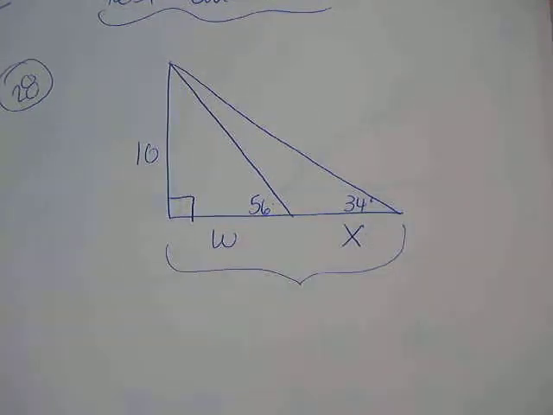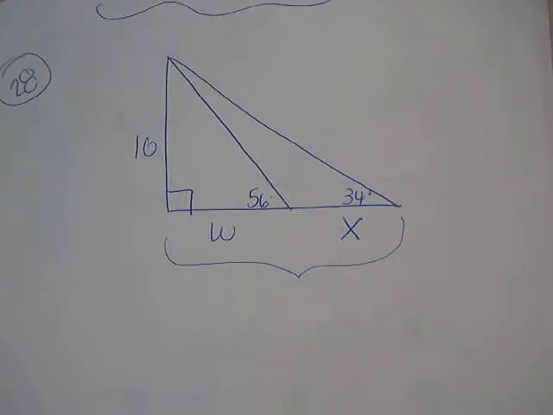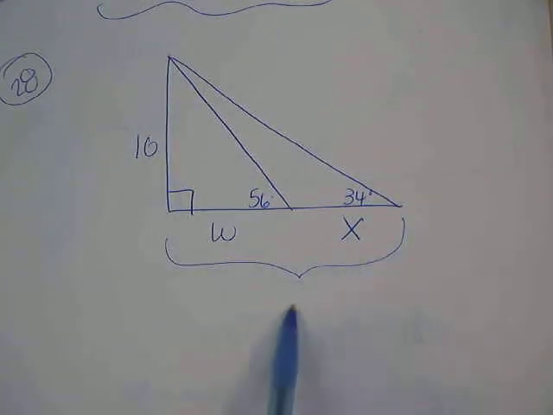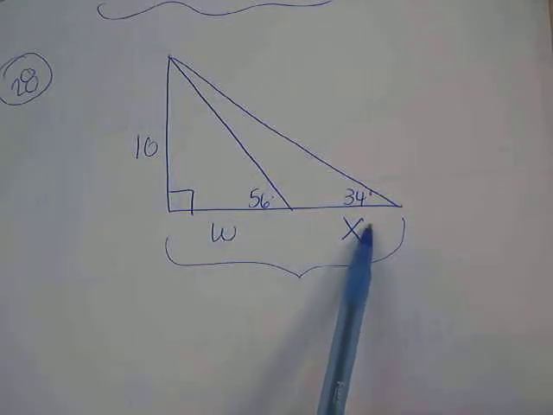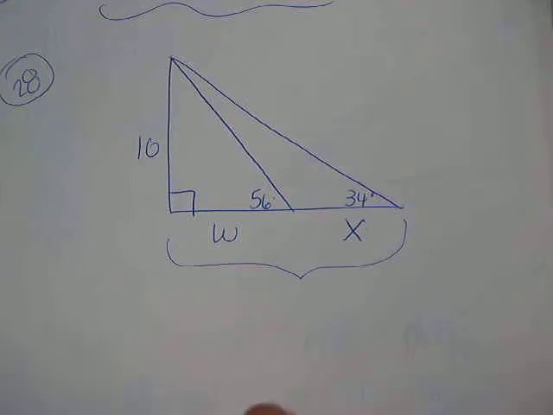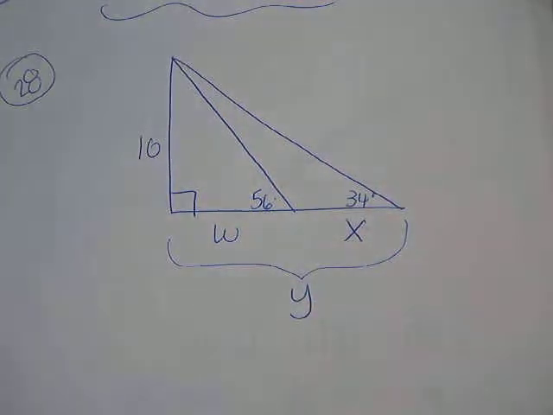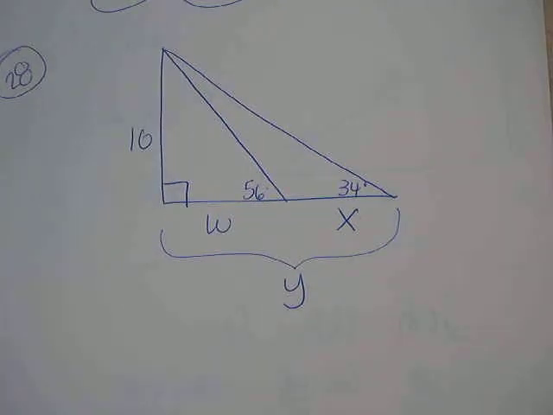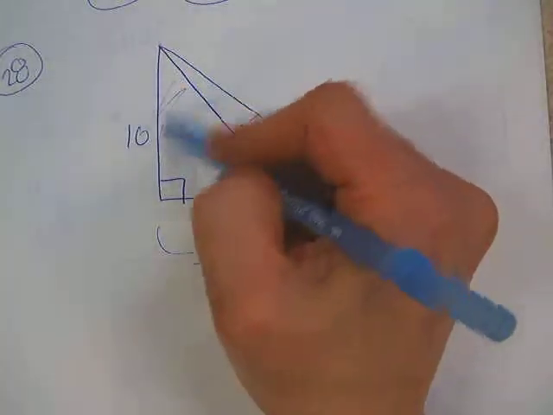However, what we can find with tan 34 is that entire length, because it's only able to be used with right triangles. So I would give this whole length another name, y, z, whatever you want to call it. Well, let's call it y, I suppose.